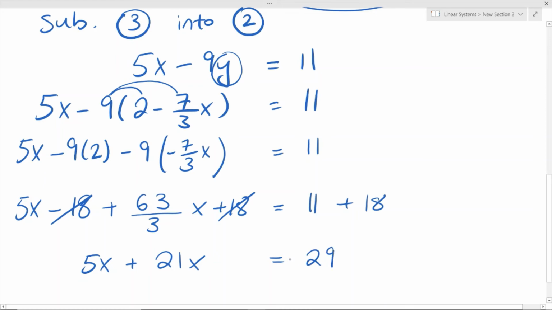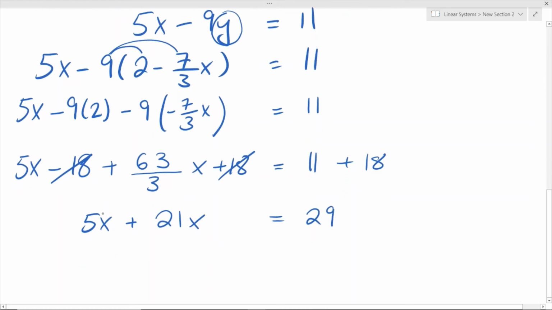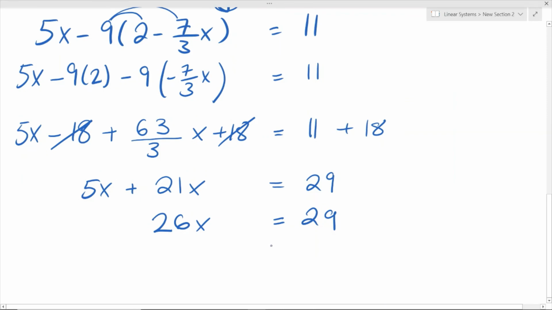And then from here we have like terms, 5x and 21x are like terms, so this just gives us 26x, and this is equal to 29. And then here, 26x is the same as 26 times x.